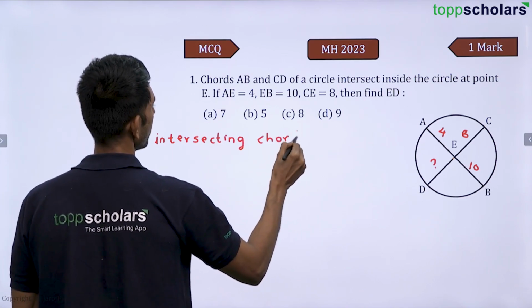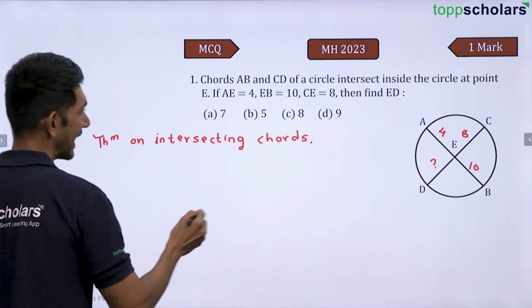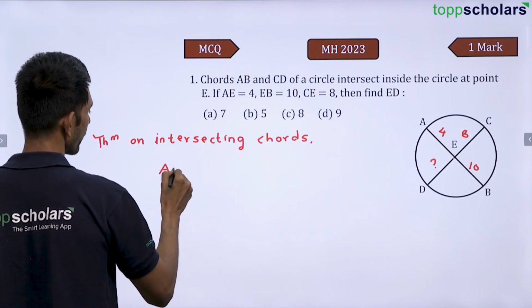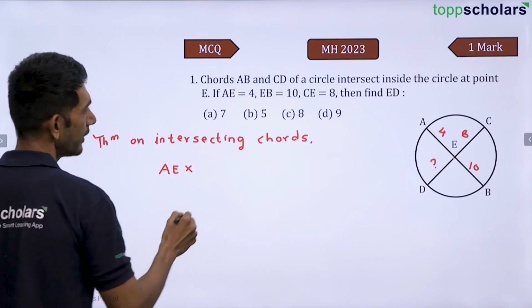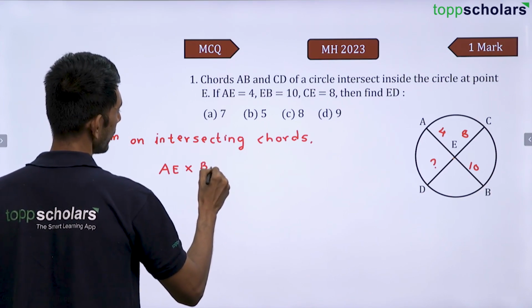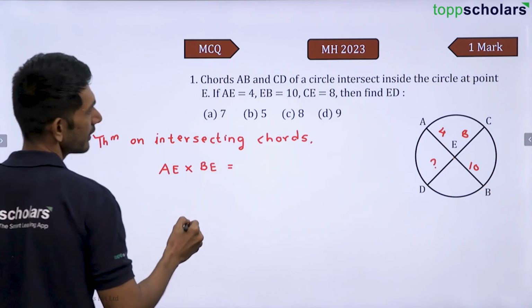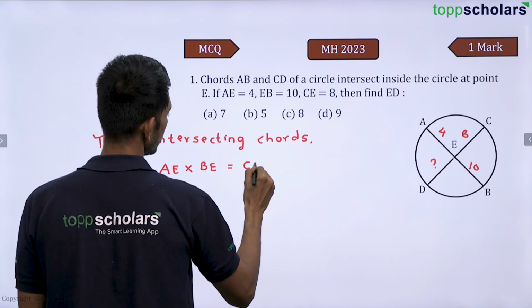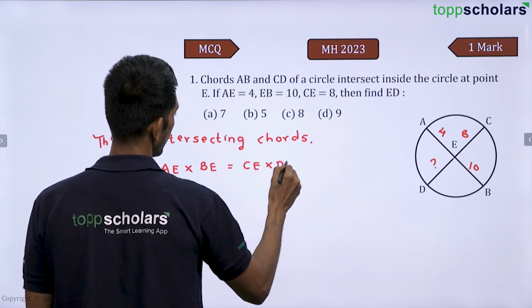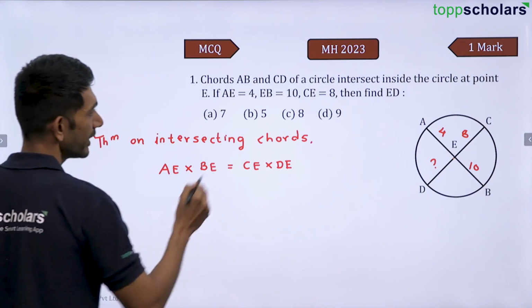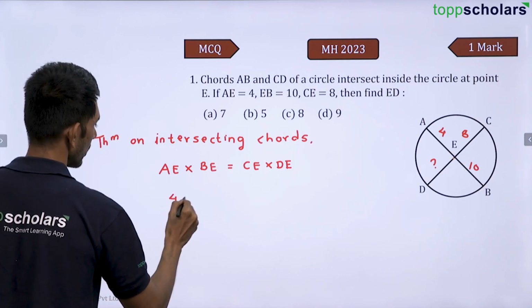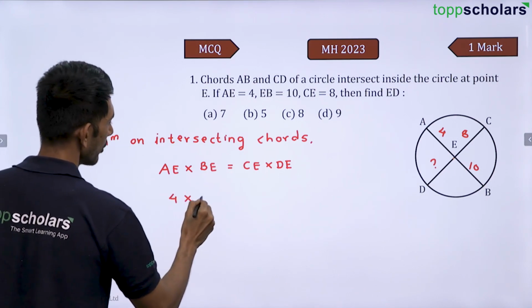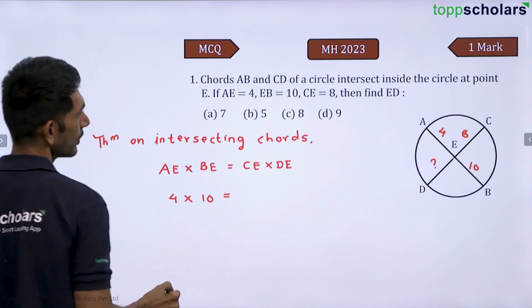This is simple, isn't it? We can write this as AE into BE is equal to CE into DE. So AE is how much? AE is 4 into BE. BE is how much? 10 is equal to CE.